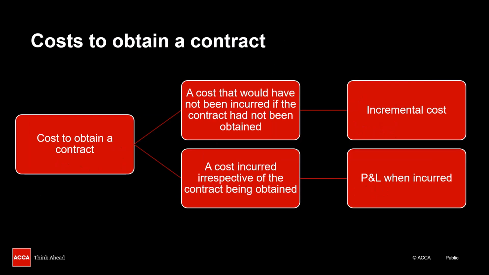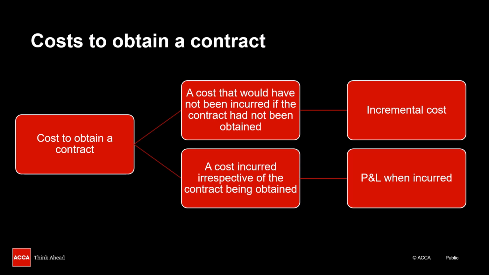When an entity incurs costs to obtain a contract, an entity needs to establish if those costs would have been incurred irrespective of actually obtaining that contract or not. If a cost is incurred only because a contract has been obtained, those costs are referred to as incremental costs in obtaining a contract and could either be recognized as an asset or an expense.